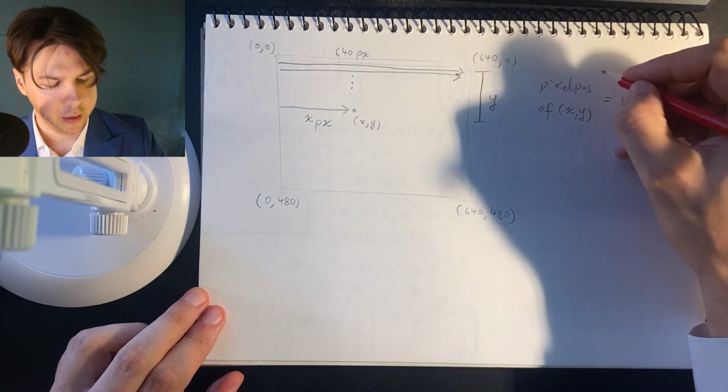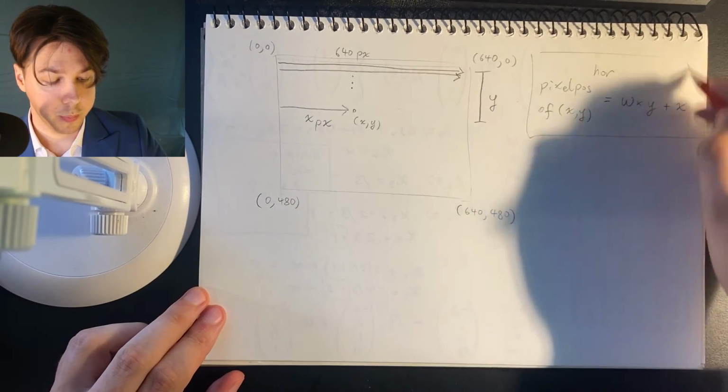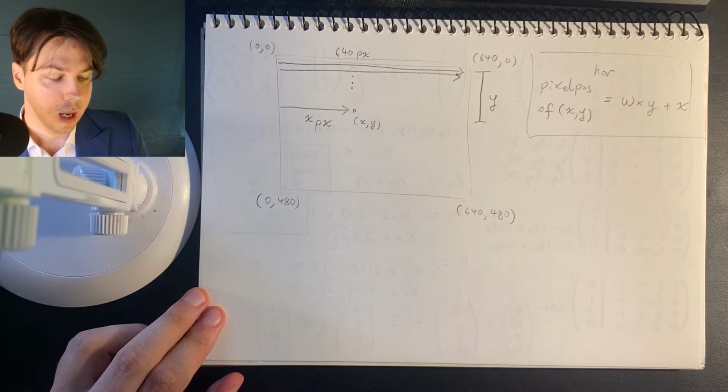Now, this is if our system is set up horizontally, which by the way, our Vulkan system is. Our OpenGL system is set up vertically, but the same principle applies.